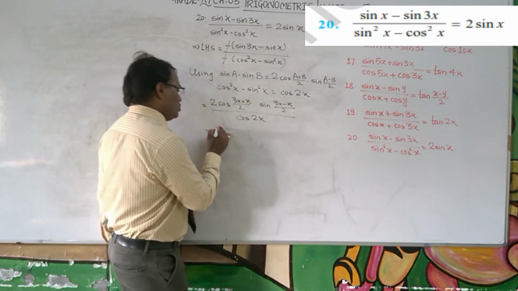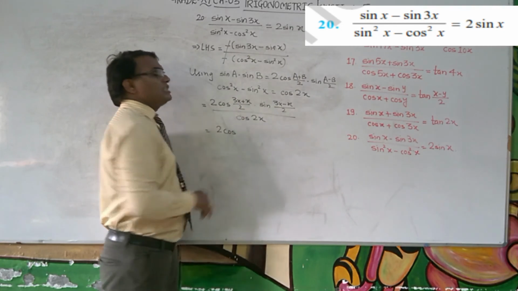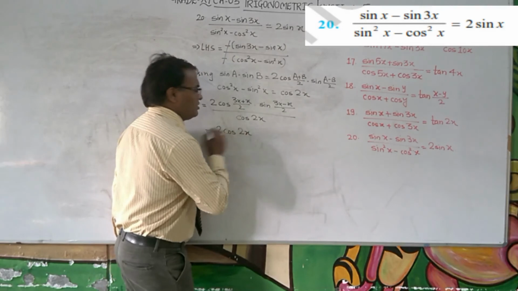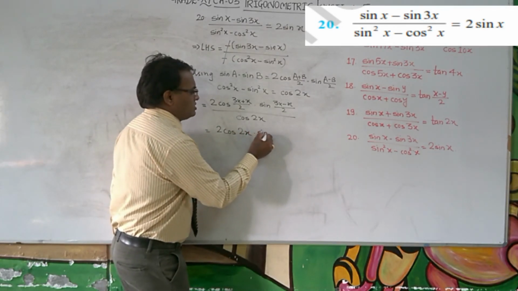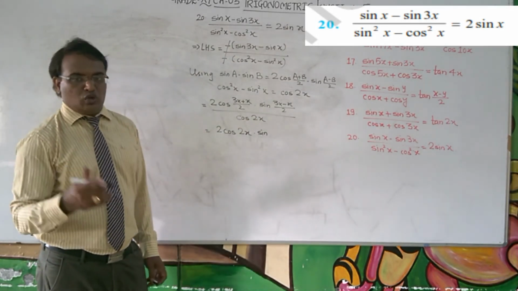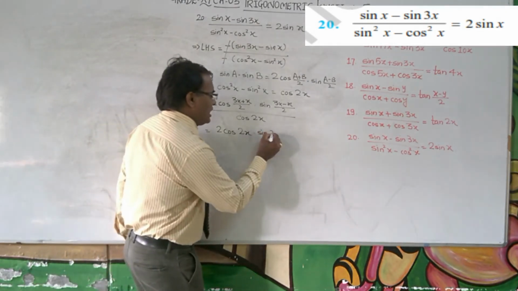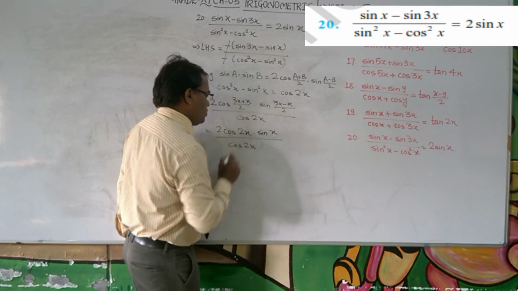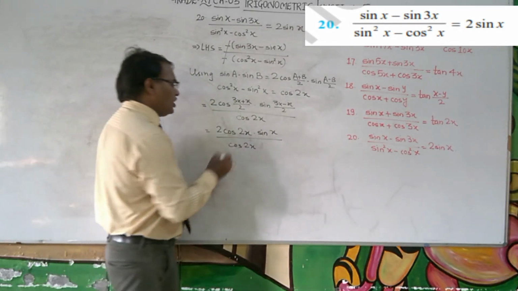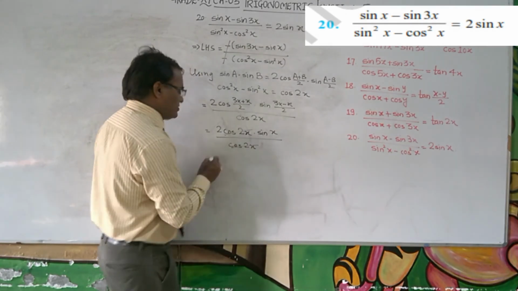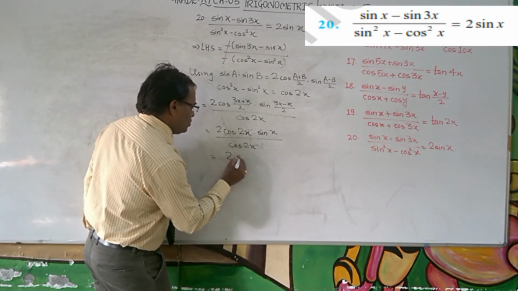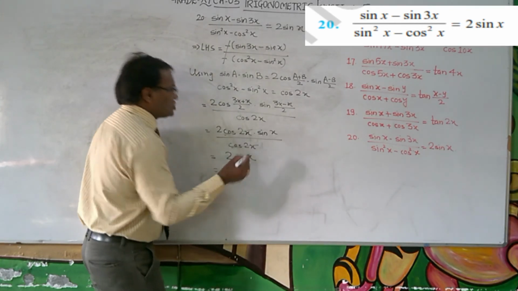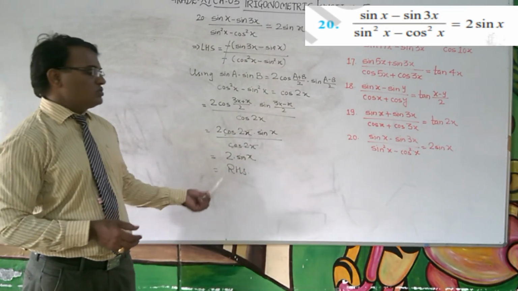Now what will happen? 2 cos of 3x plus x is 4x, 4x upon 2 is 2x, into sin of 3x minus x is 2x upon 2, so sin x. So what is remaining? Cos 2x upon cos 2x. Cos 2x will get cancelled, so what is remaining? 2 into sin x, which is the required RHS.